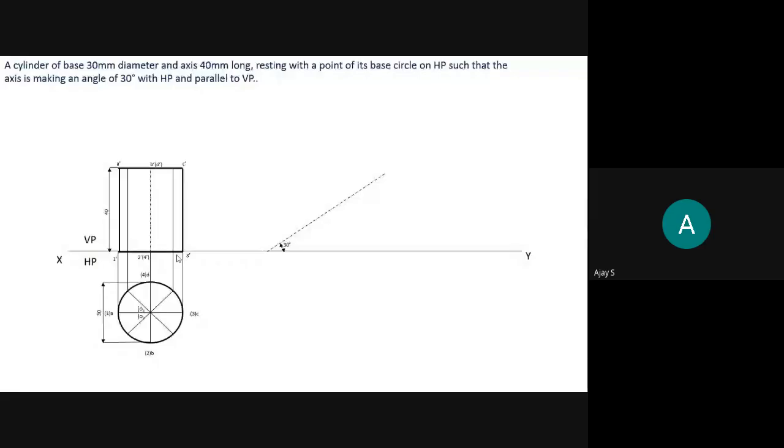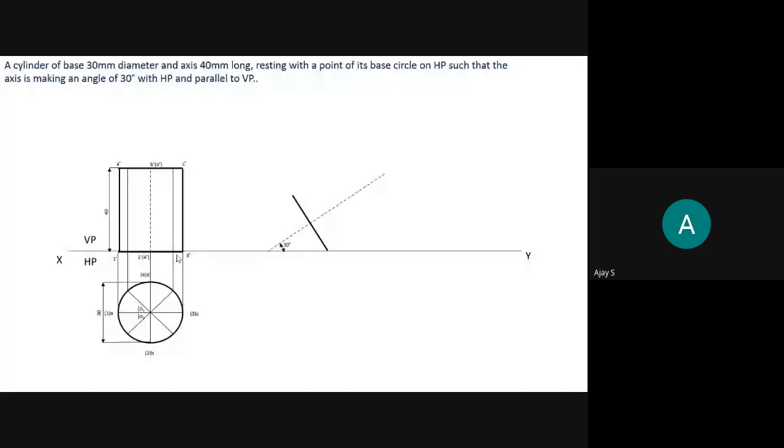Okay, next it says that the cylinder rests on its base such that its axis makes an angle. So the axis I first draw, which is at 30 degrees. Then whatever that 3 dash, 2 dash, bracket 4 dash length is, I take with the help of a scale.